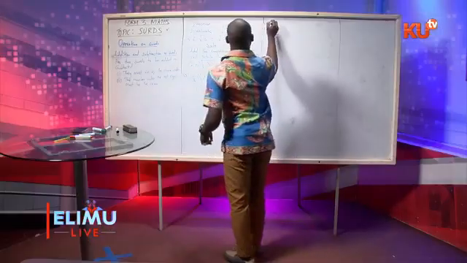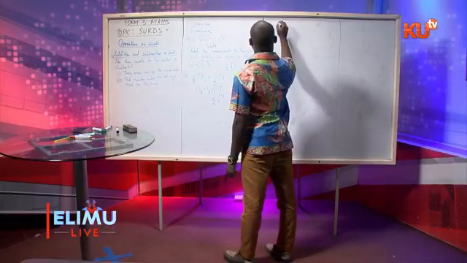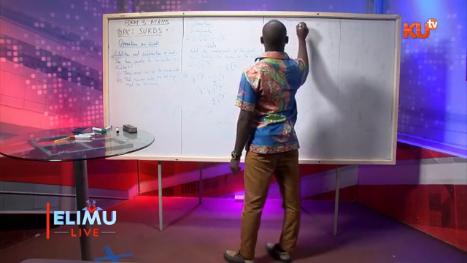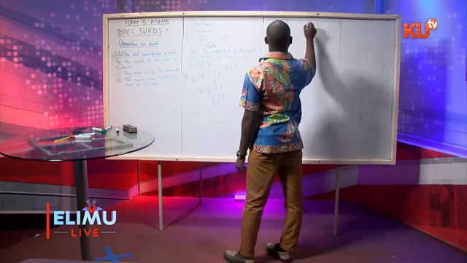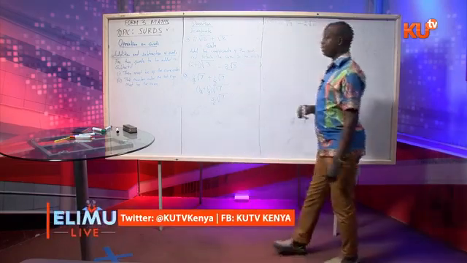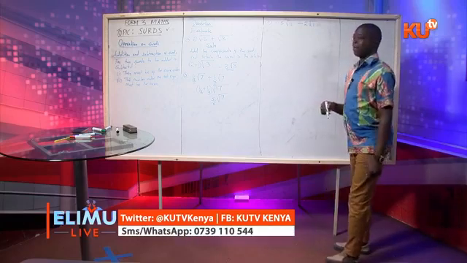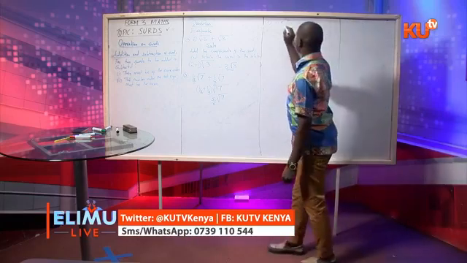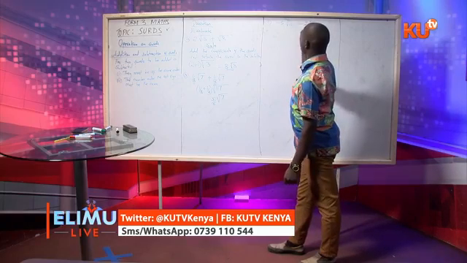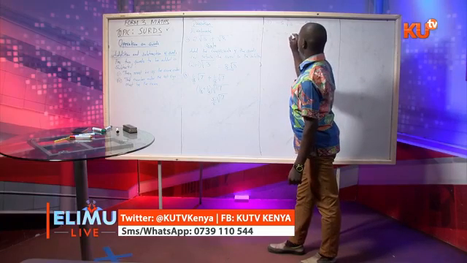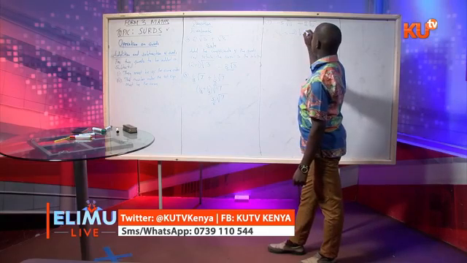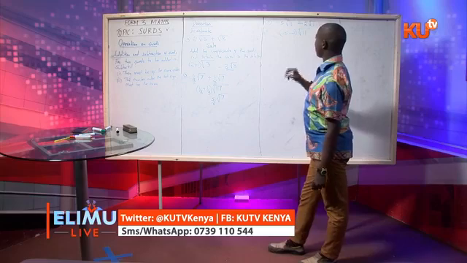Number C, we can have a case of negative 5 root 11 minus 2 root 11. Now subtraction. The same case, look at the two coefficients. That is negative 5 minus 2, and then retain the surd.